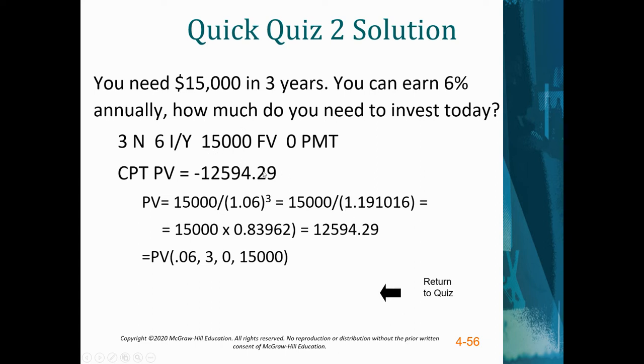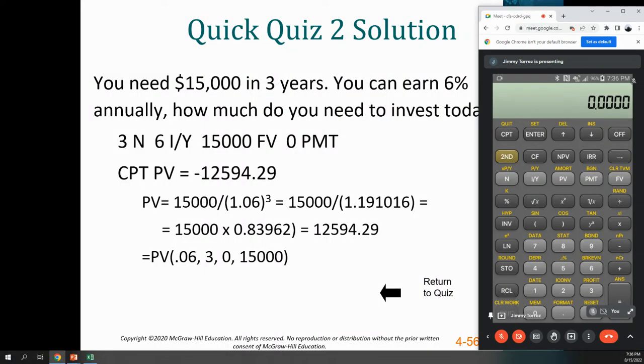I need $12,594. Now, I could have done this with Excel with this formula, or I could do it with the calculator. So let's do those two things real quick.